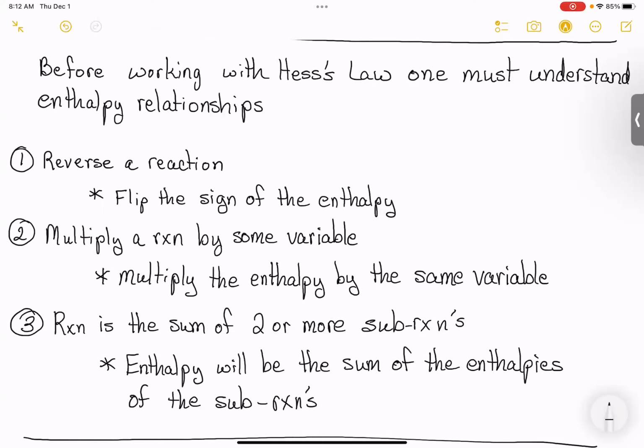The first one I already spoke to you about, and that is, if you reverse a reaction, the sign on the enthalpy changes. Numerically, it's the same value, but the sign changes because it's no longer going to be a reactant, it would be a product. Or it's no longer going to be a product, it's going to be a reactant. So if you reverse a reaction, you're going to flip the sign of the enthalpy.